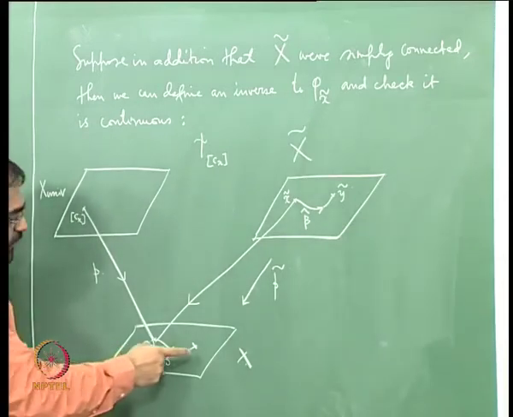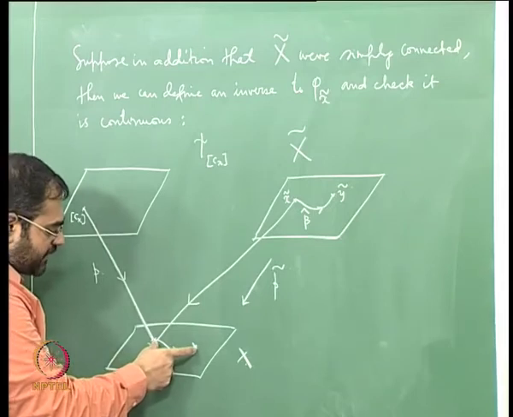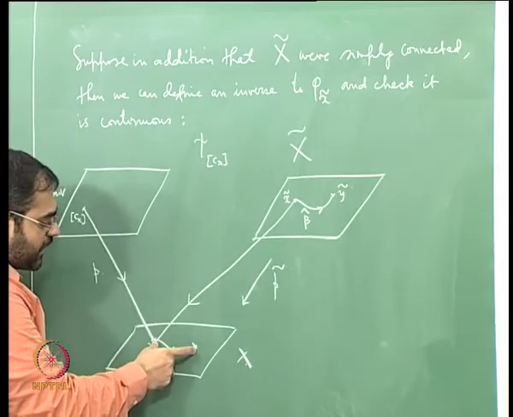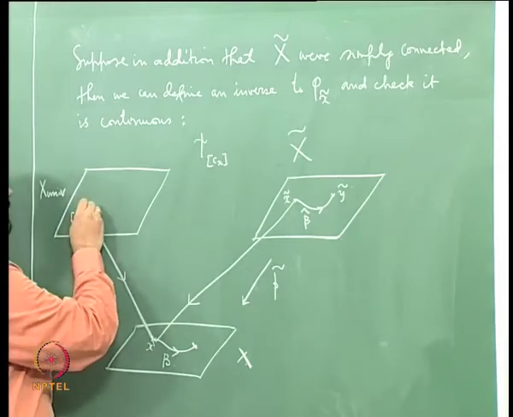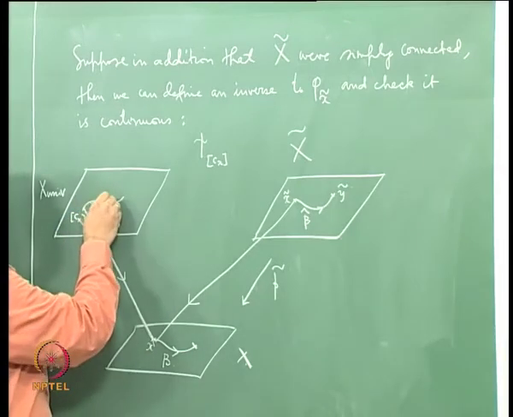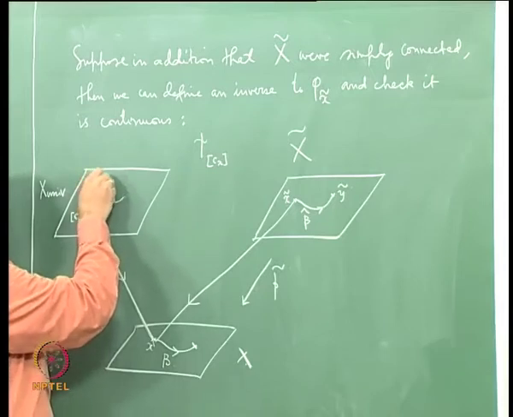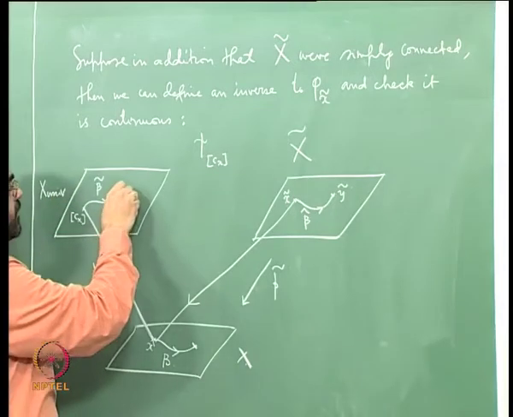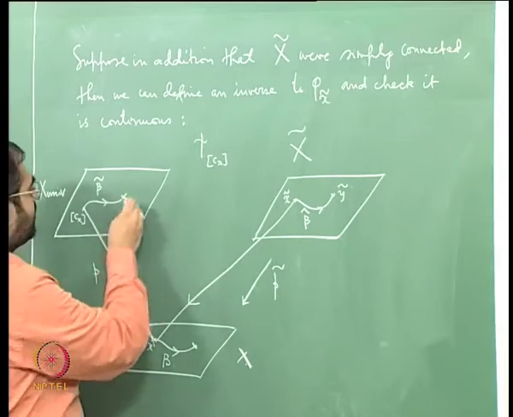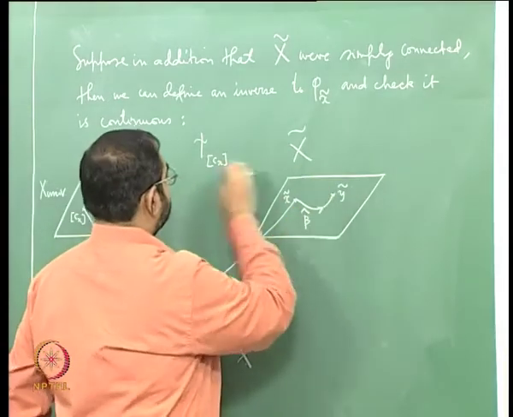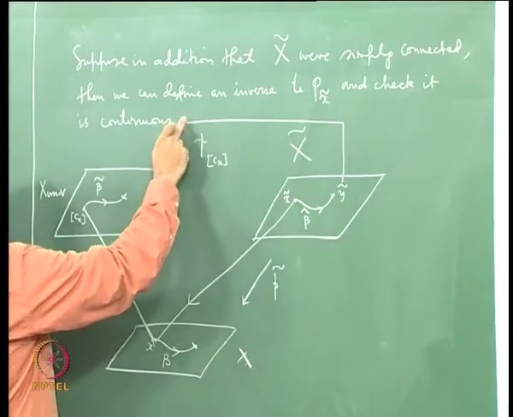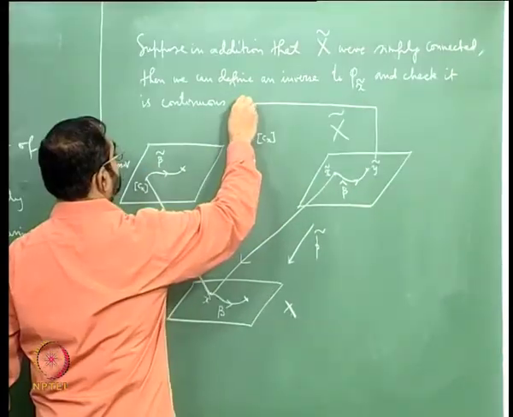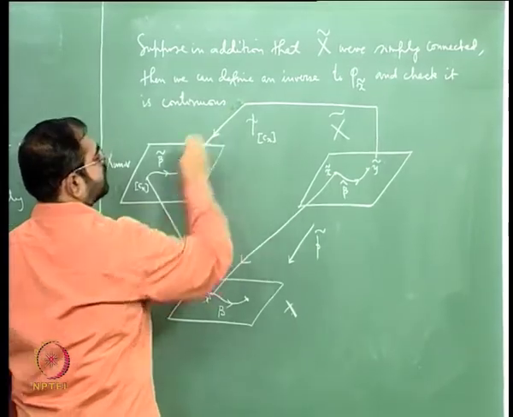Now I will also take the unique lift of this beta to X univ. So I am going to get this path here, which you all know is beta tilde, and I am going to get an endpoint, okay, and this is a map. So this map is going to send y tilde to this point, okay.